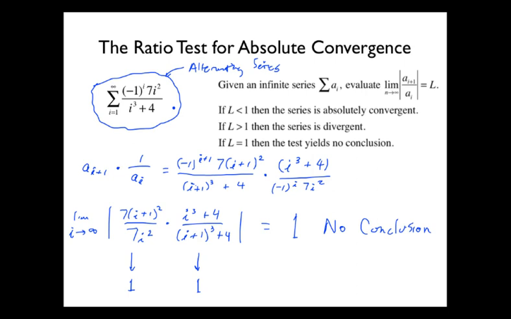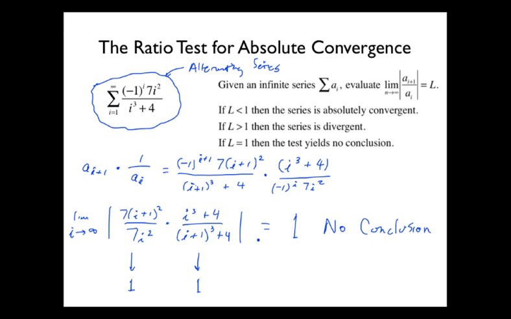So 7i^2 over i^3 plus 4. Does that positive sequence, do those terms decrease to 0? Yep, you have i^3, a greater power in the denominator than the numerator. So since this decreases to 0 and it's alternating, conclusion? Converges. Now the question is, is it absolutely convergent or conditionally convergent?